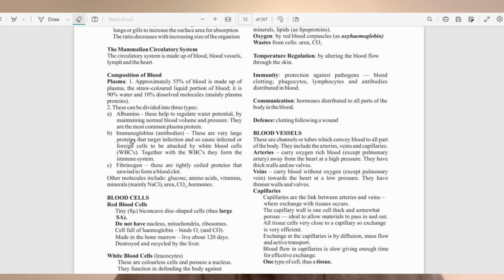Now, in the mammalian circulatory system, the components of the circulatory system include blood vessels, the lymph, and the heart. The blood is made up of plasma on one hand and cells on the other hand.